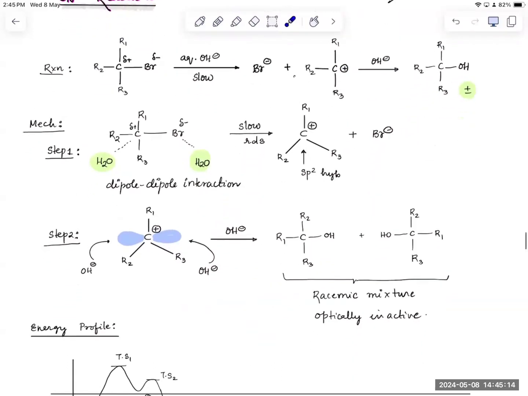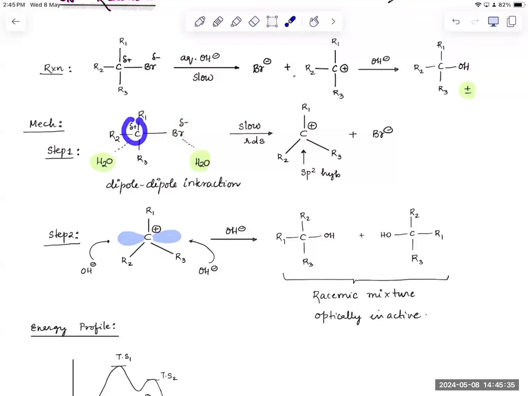Step one: when you have this alkyl halide taken in water or any polar protic solvent, they will start having an attraction with carbon and halogen because of their electronegativity differences.